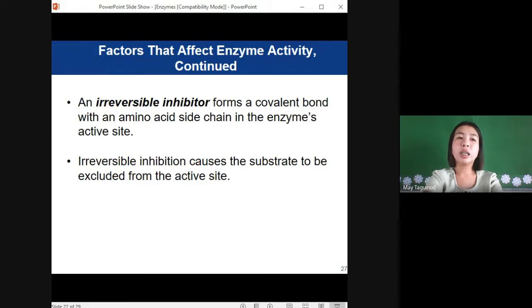Here is an irreversible inhibitor, and it forms a covalent bond with an amino acid side chain in the enzyme's active site. While the irreversible inhibitor is bound, the substrate is excluded from the active site. So it is also a permanent inhibition.